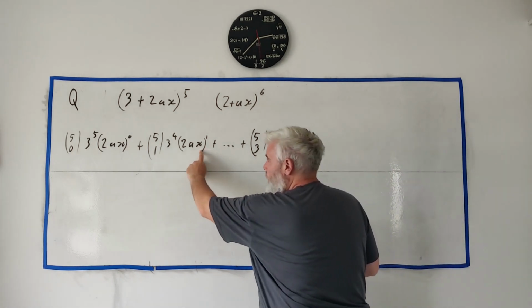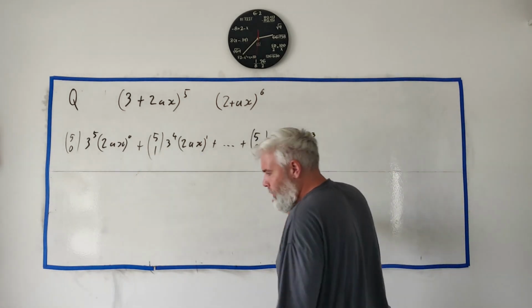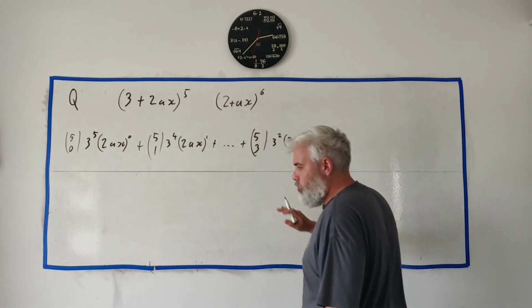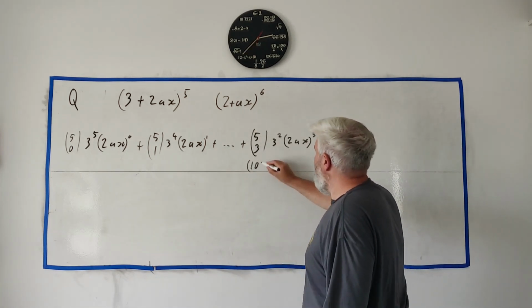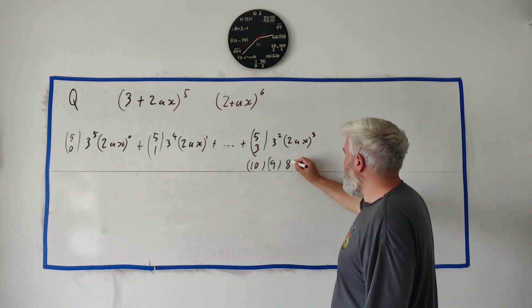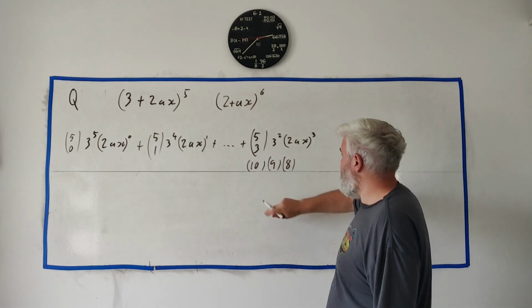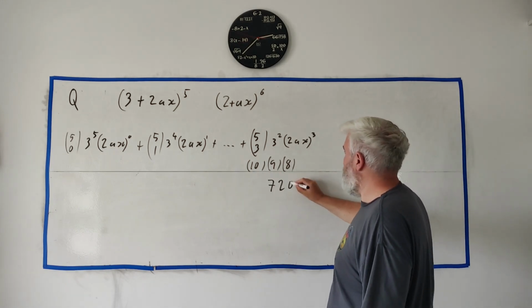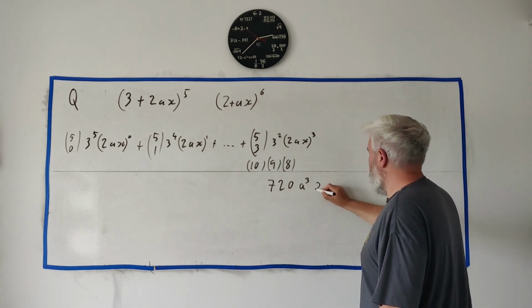There'll be an x to the power of 1 here, there'll be no x, and so on. So we need to clean all this up. 5 choose 3 is 10. That's 10, that's 9. 2 cubed will be 8. 9 eighths are 72. 72 times 10 is 720. a cubed will be there, and x cubed.